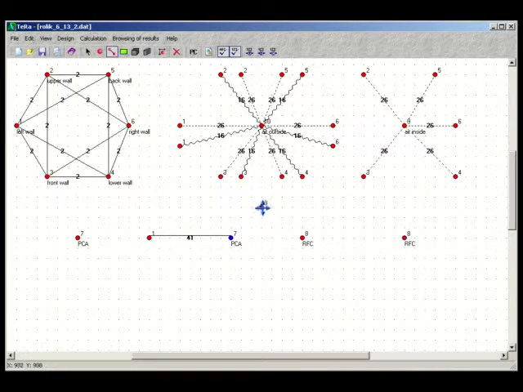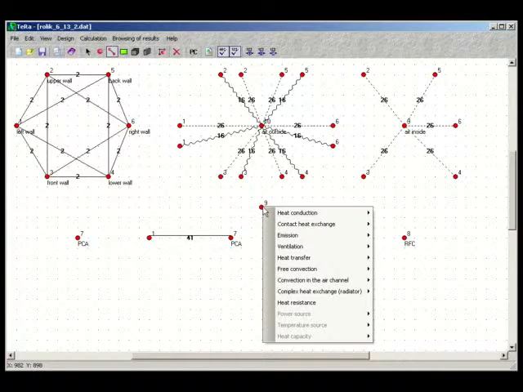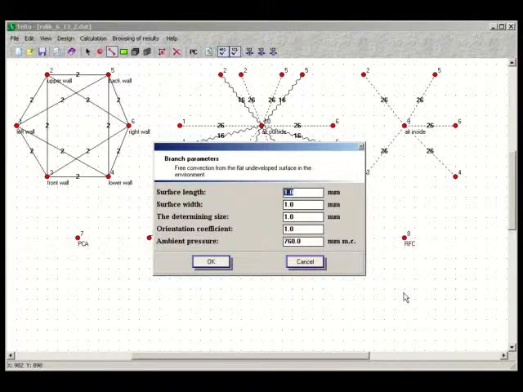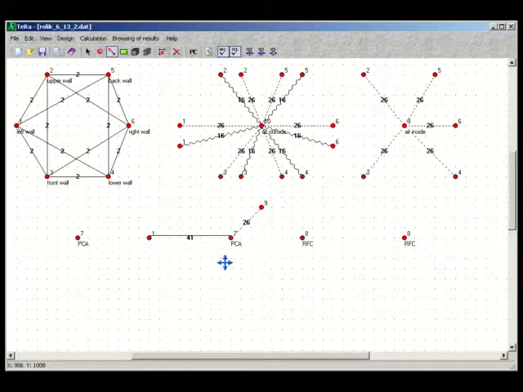Branch 7 to 9, free convection from the flat undeveloped surface. Parameter of the branch: surface length 300, surface width 200, and the determining size 300, taken from the reference book for a vertical plate, so it's a height. Orientation coefficient 1, also taken from the reference book for a vertical plate, ambient pressure 760.